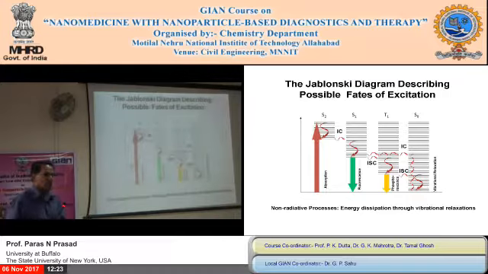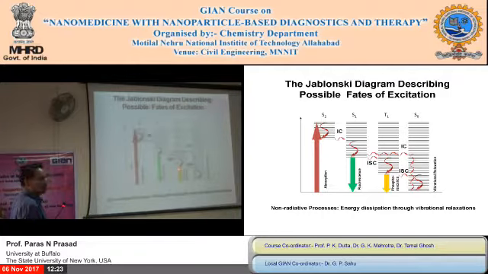So in many systems, you can excite with light, block it, and you can see the decay of emission, in seconds also. That is because it's a triplet level. This one is called phosphorescence.